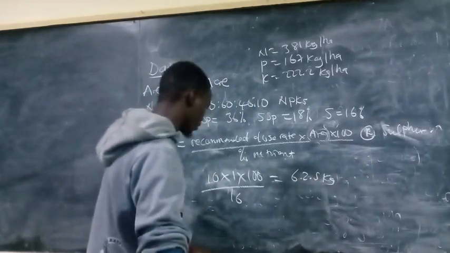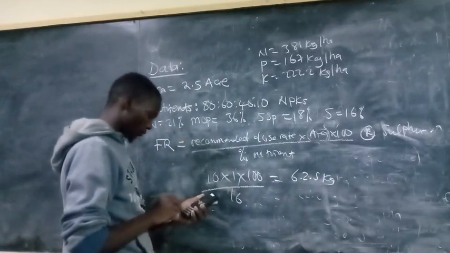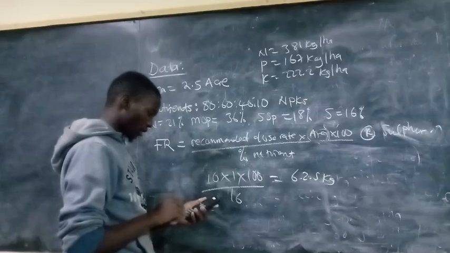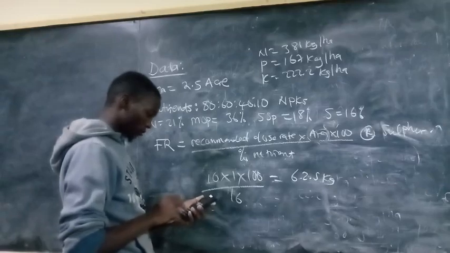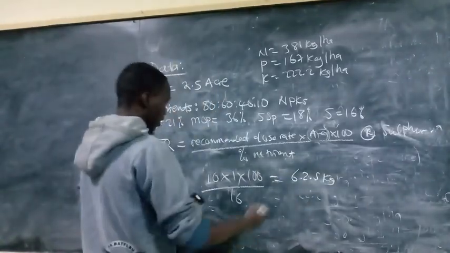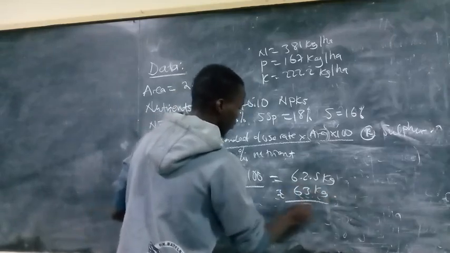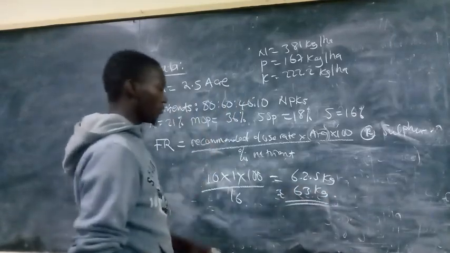So you may have to use a calculator if you're not really sure with the calculation right there. Yeah, 62.5 kg. So approximately when you round off, this gives you 63 kg for sulfur.